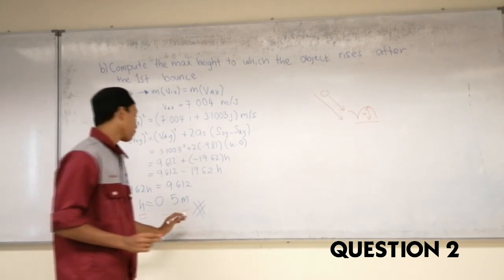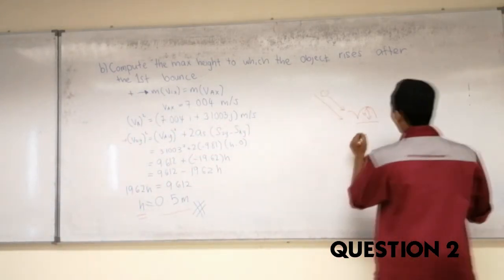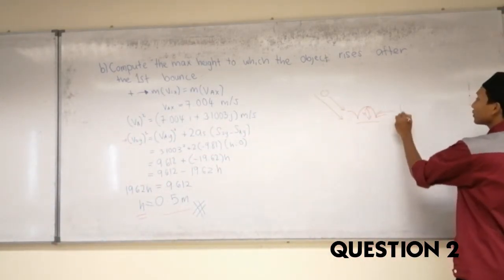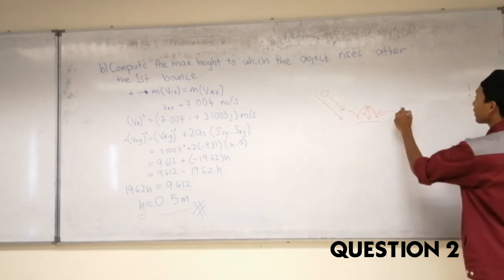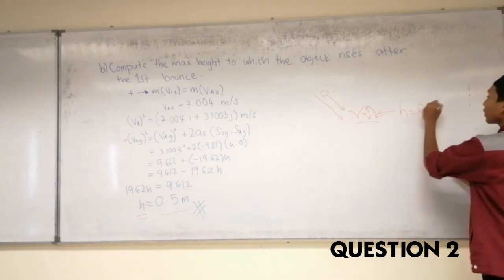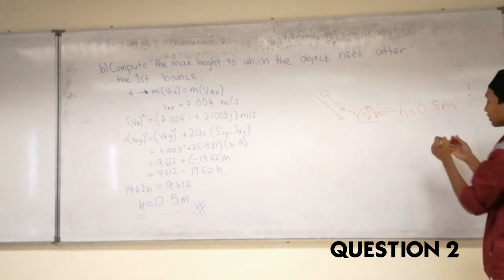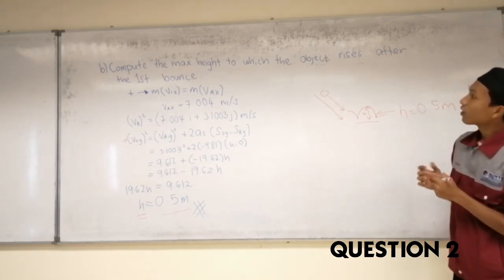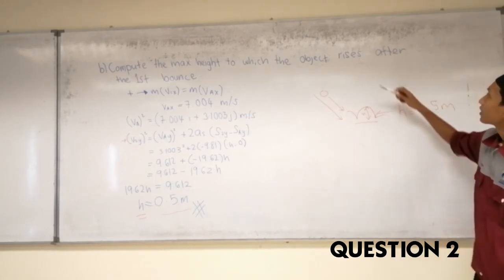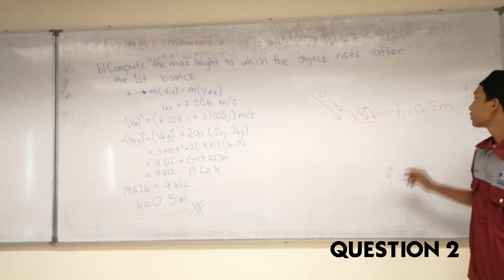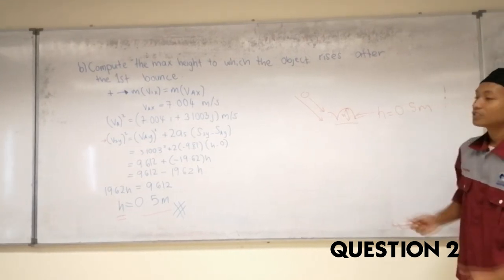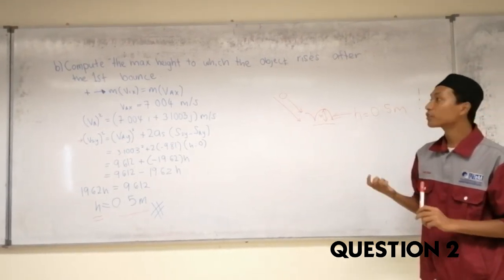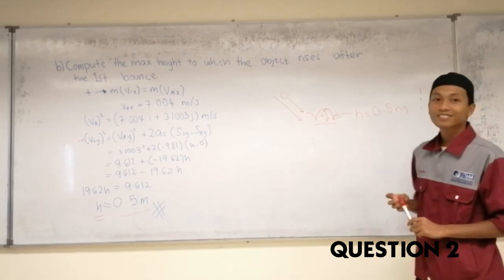So the height of the ball that rises after the first bounce is 0.5 meter. So that's all from our group, and thank you.